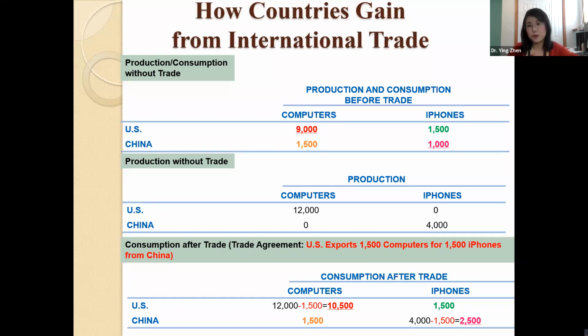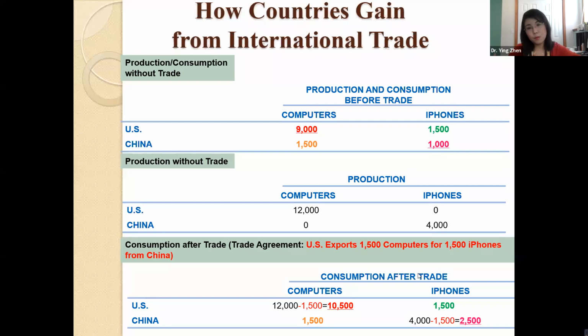So students may think, okay, it's very easy. We just assume any trade agreement, and then we do the simple math, and then we can conclude that comparative advantage is the real basis of trade, because we allowed the two countries to trade after their specialization in the good for which they have a comparative advantage.